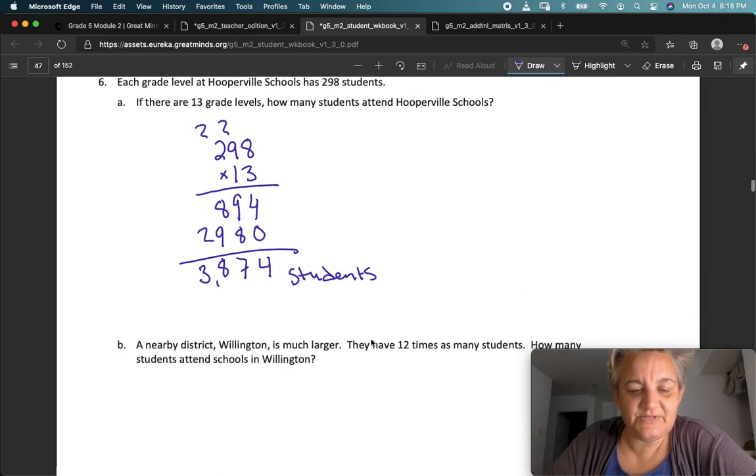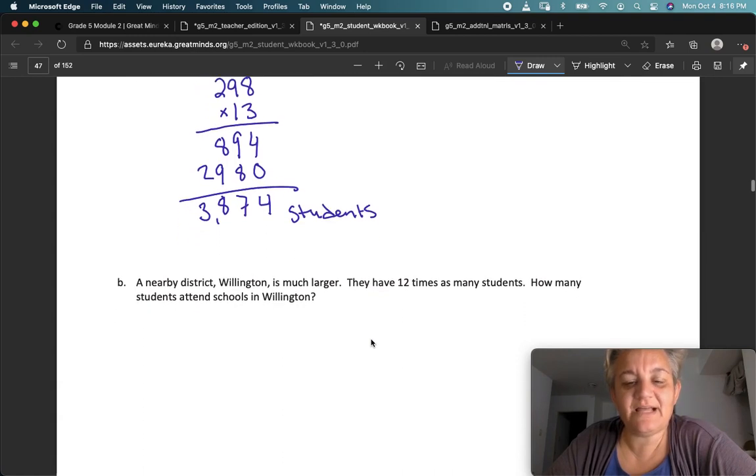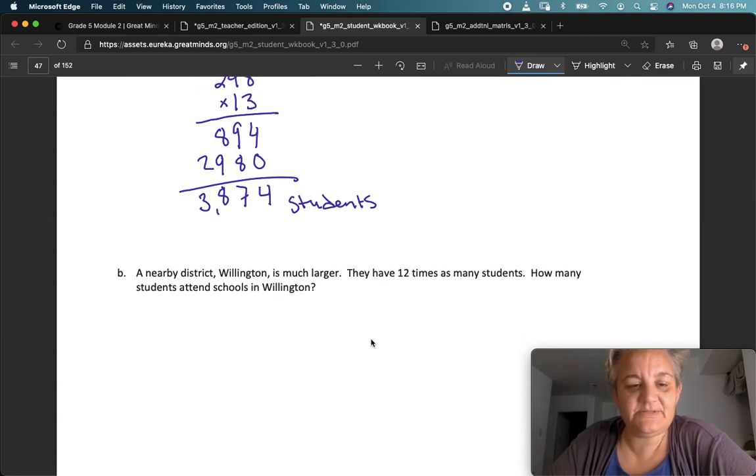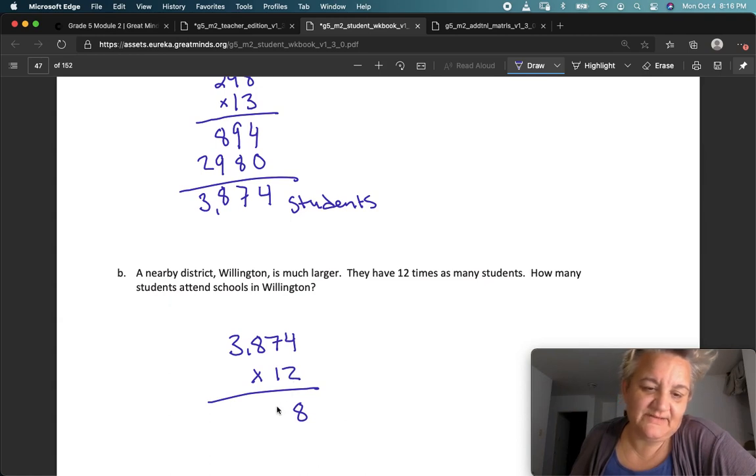A nearby district, Willington, is much larger. They have 12 times as many students. How many students attend schools in Willington? So we're going to take the same number from part A. We're going to multiply by 12. 2 times 4 is 8. 2 times 7 is 14, carry the 1. 2 times 8 is 16, plus 1 is 17, carry the 1. 2 times 3 is 6, plus 1 is 7.